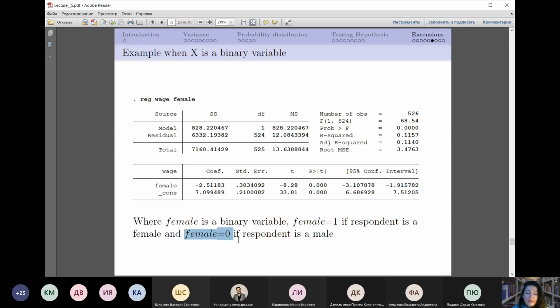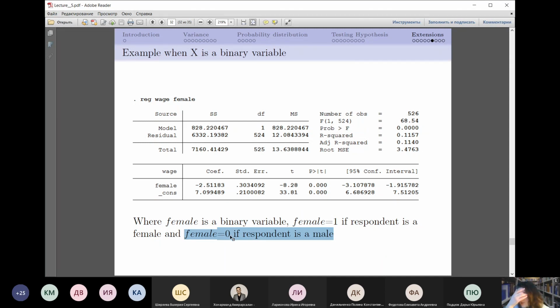So you need to learn that in categorical and binary variables, we need to find the base category, and the base category in these types of variables is the category that equals 0.